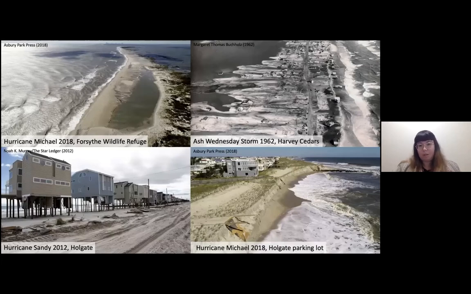This is the picture in the top right corner showing at Harvey Cedars, which is north of Holgate on LBI. Of course, Superstorm Sandy in 2012, and this is a picture of homes along Holgate. And then there's also smaller hurricanes and nor'easters that still have catastrophic effects, such as these two pictures from Hurricane Michael in 2018, which is also showing at Holgate.